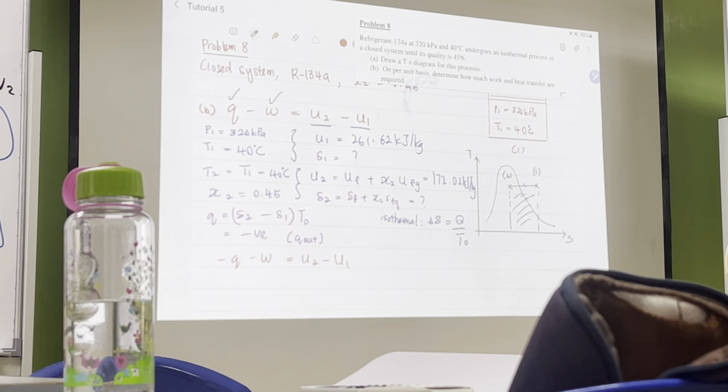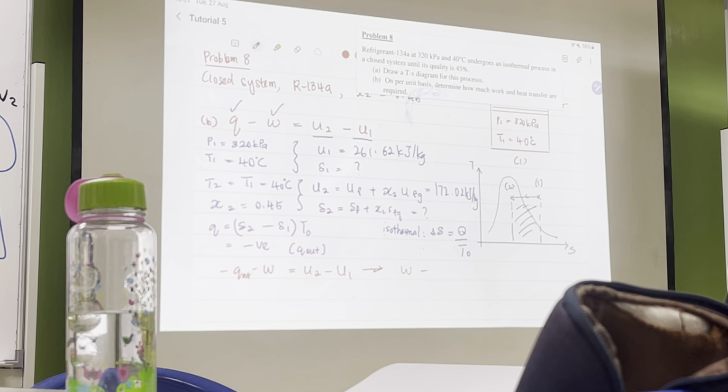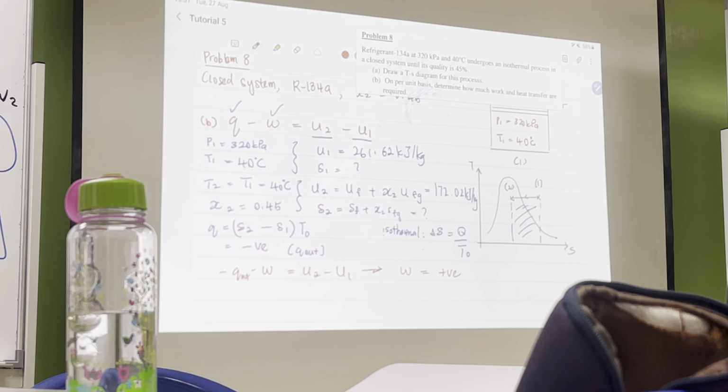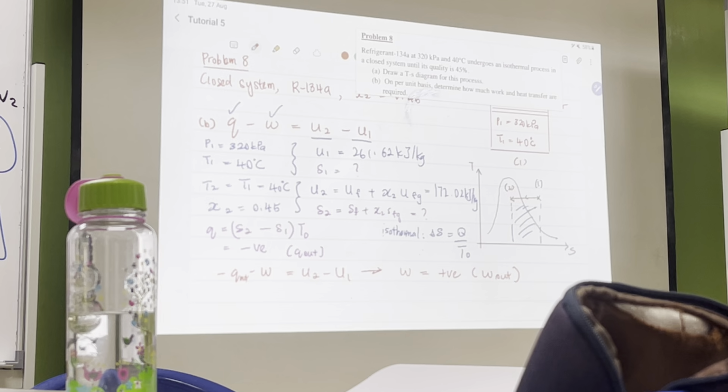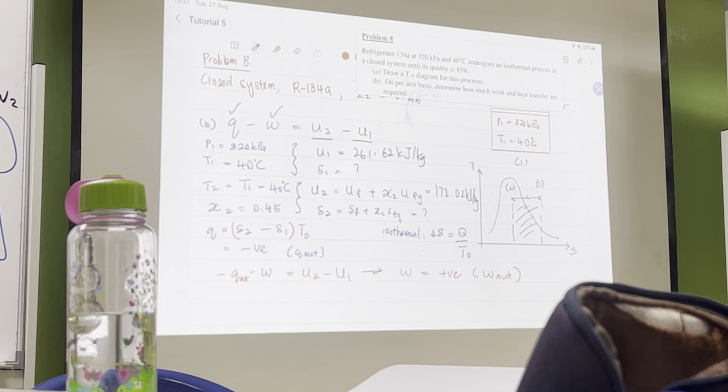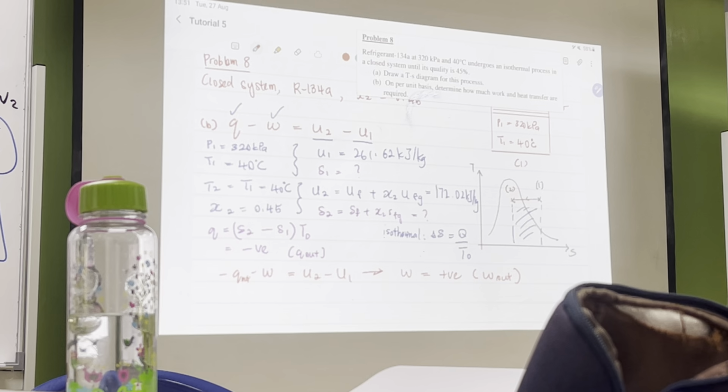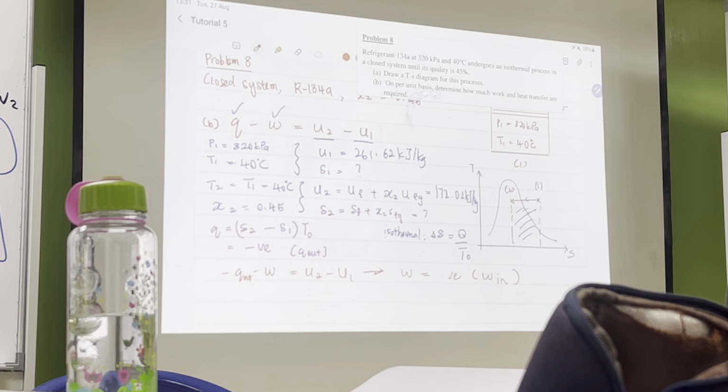When you solve this, the work value will give you a positive value, which represents that this is a work out term. And again, like I told you, if your equation only has one Q and one W, it definitely will be one in, one out. You cannot be both in or both out for a closed system. So they will always be the opposite of each other. Sorry, then this will be both in. What am I saying? Which means this will be a negative value also.